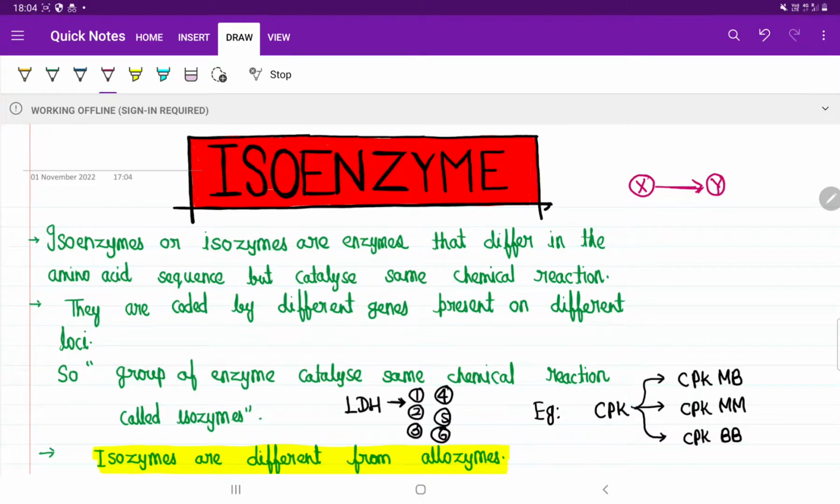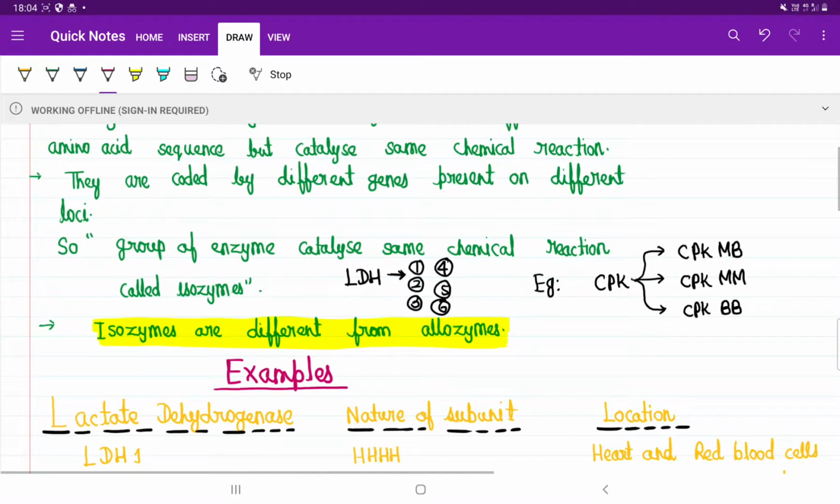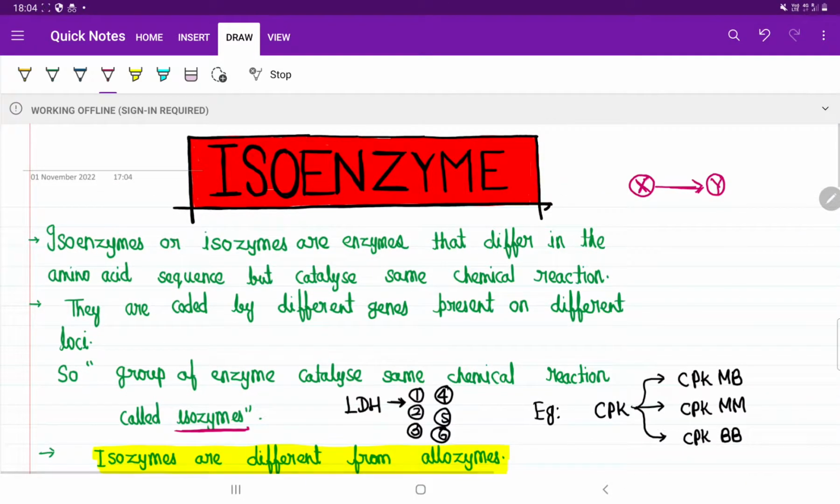If a group of enzymes converts x into y, that converts substrate into product, that group of enzymes is called isoenzymes. So isoenzymes are a group of enzymes that catalyze one chemical reaction, right?